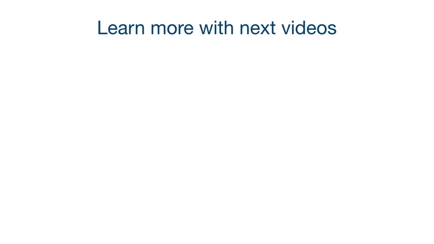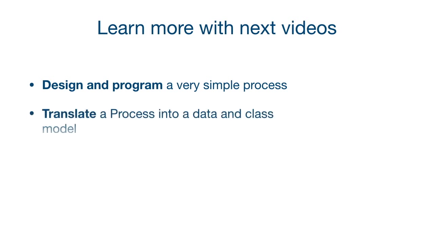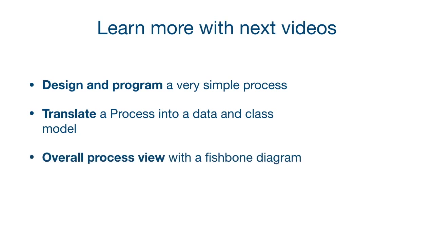After this first overview of process normal form, each of the following videos will present one basic principle and benefit of process normalization. We will discuss the following topics: how to design and program a very simple process, then how a process translates into a data and class model, how to build an overall process view with a fishbone diagram, and how to easily derive key performance indicators.